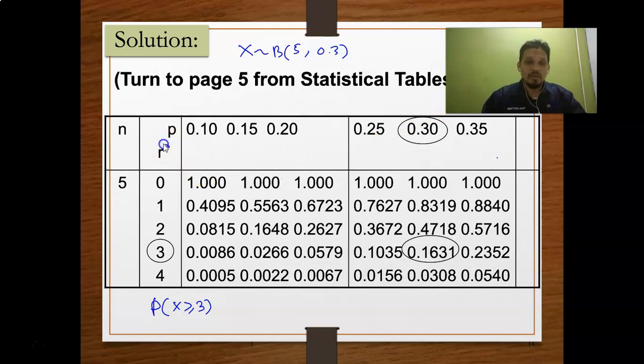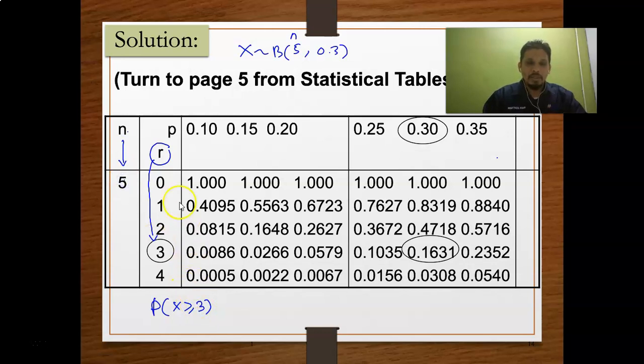Look at this: n, the number of trials, we refer to n equal to 5.